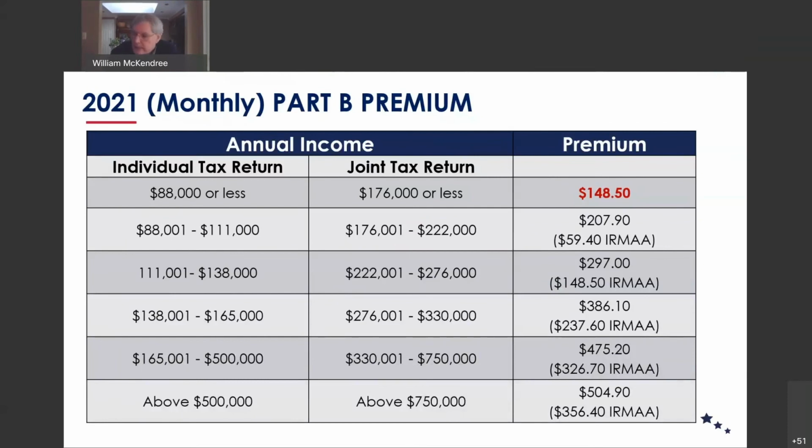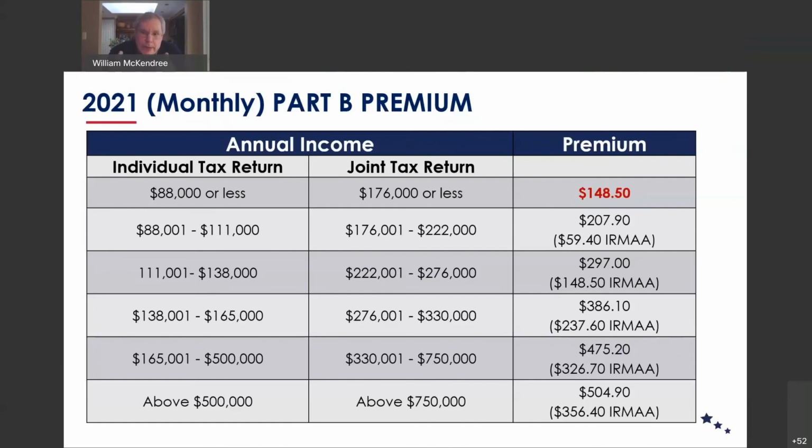Part B has always had some premium amount based on your income, and the income that's used to determine what your premium amount is going to be for Medicare Part B is based not on your current income situation, but on the income situation from 2 years prior to that particular year that the calculation is made.